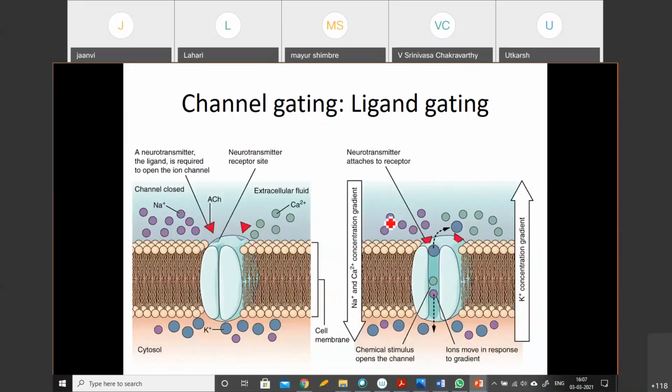The other very important mechanism by which you can open the channel is by using a chemical. The previous one is by using an electric signal, that is by varying the voltage of the membrane. The second one, which is also quite important, is by varying the chemical levels of some molecule. That is called ligand gating, because sometimes these ion channels have a small part that acts like a receptor.